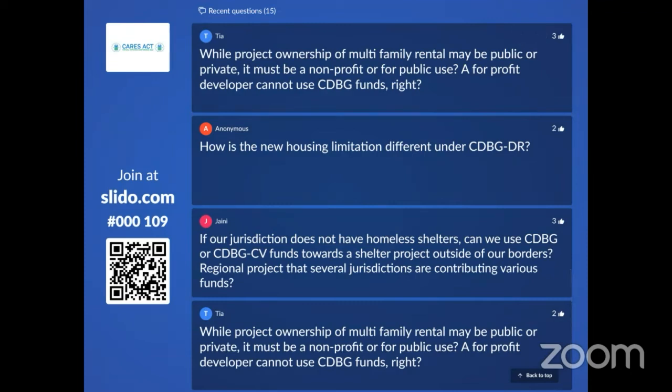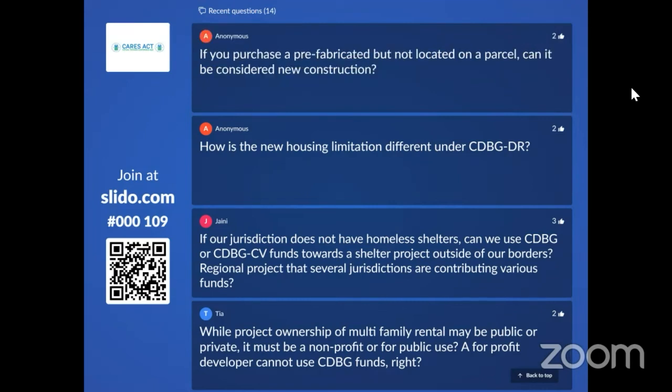That's the provision that allows CDBG to be awarded to for-profits with regard to housing. I may have to copy the language somewhere.